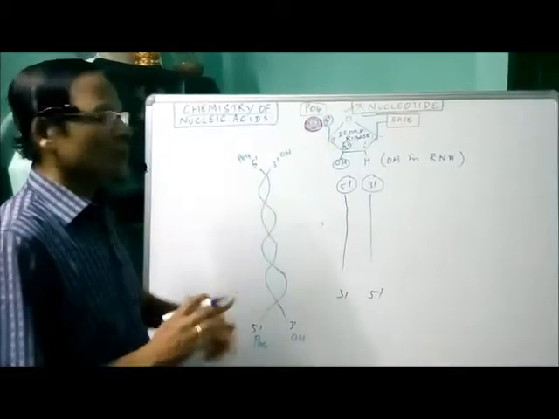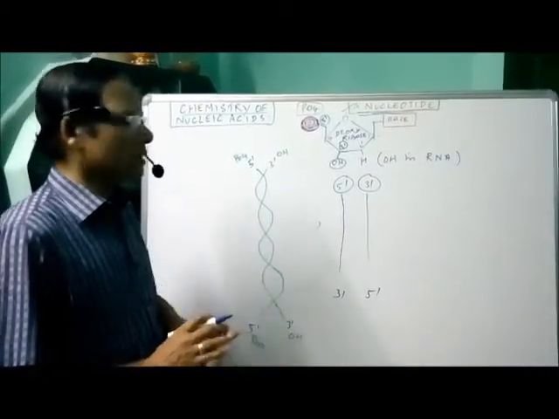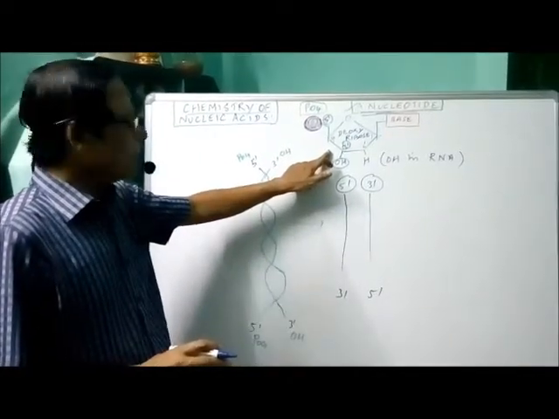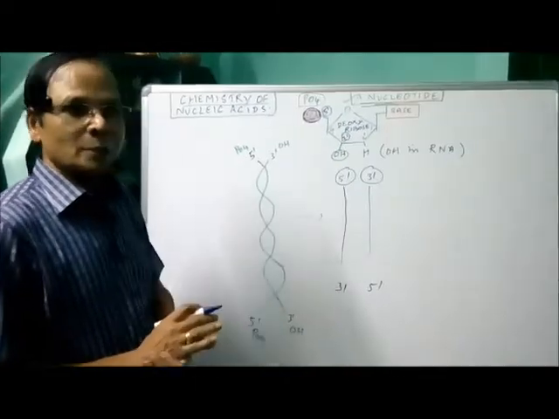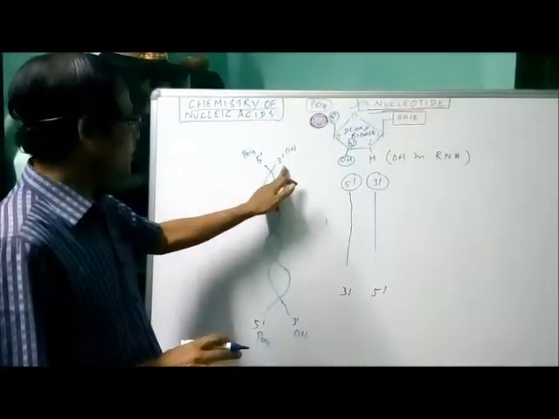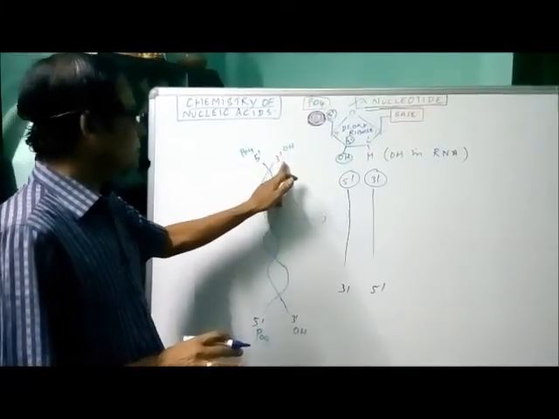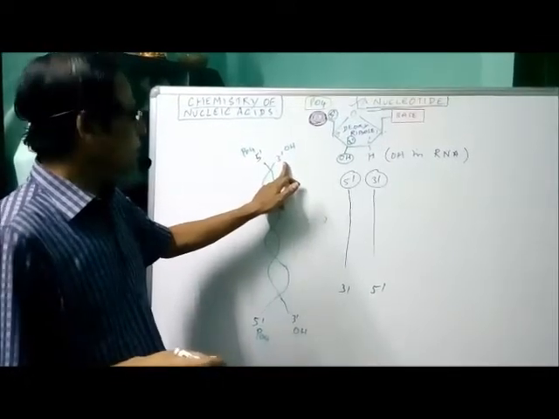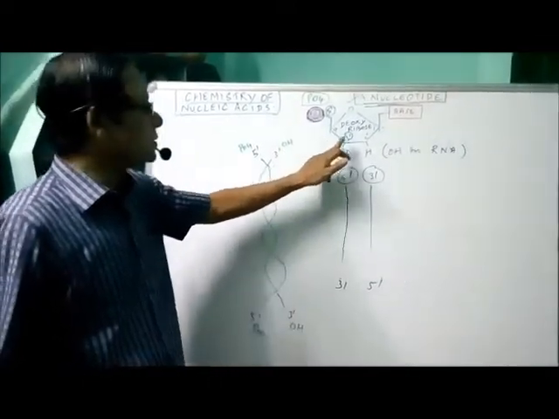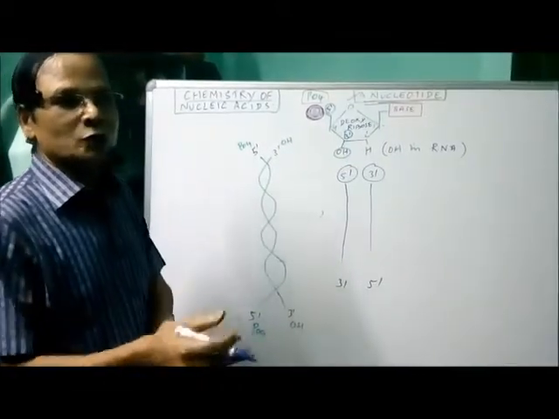In the other end, the 3' end, we have a free hydroxyl group on the third carbon in the pentose sugar. So I mention the free hydroxyl group here, third end. So the 3' end refers to the free hydroxyl group attached to the third carbon of the pentose sugar.